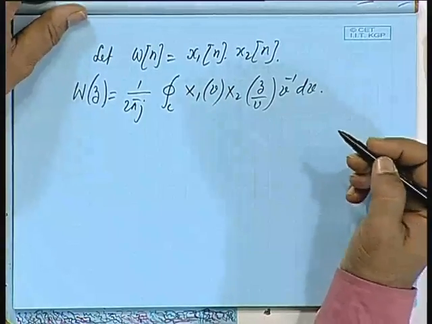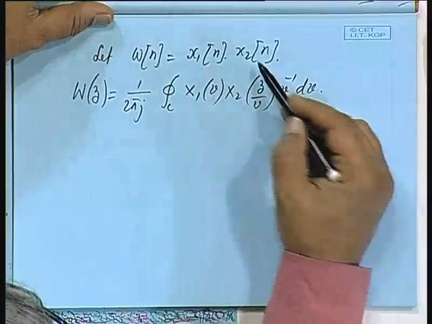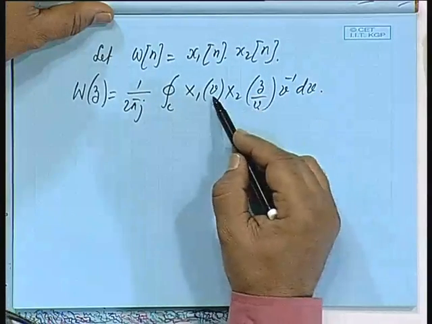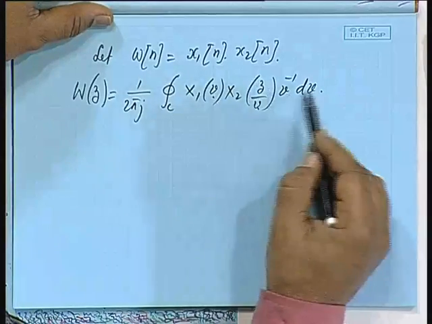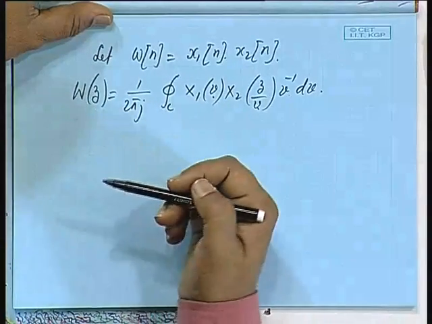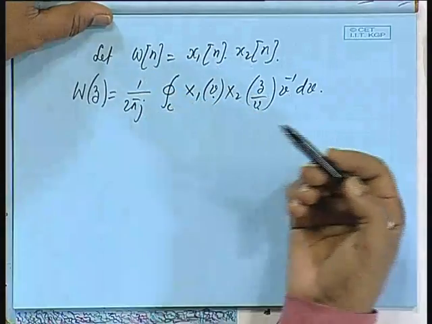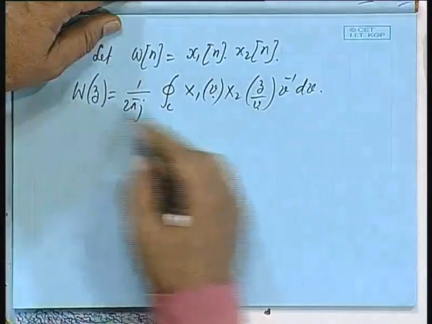That means, if you know the Z transform of x1 and x2, then you can always write, having a running variable v and taking the product, you can calculate W(z). It is basically convolution in the Z domain.